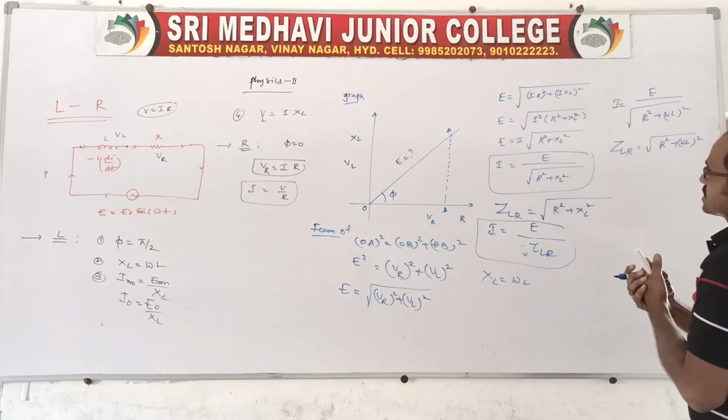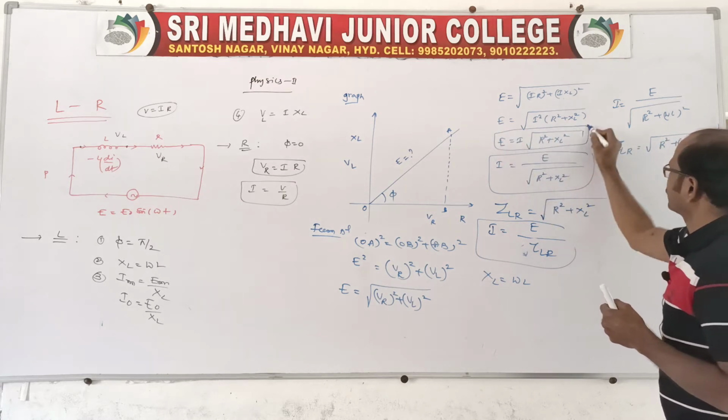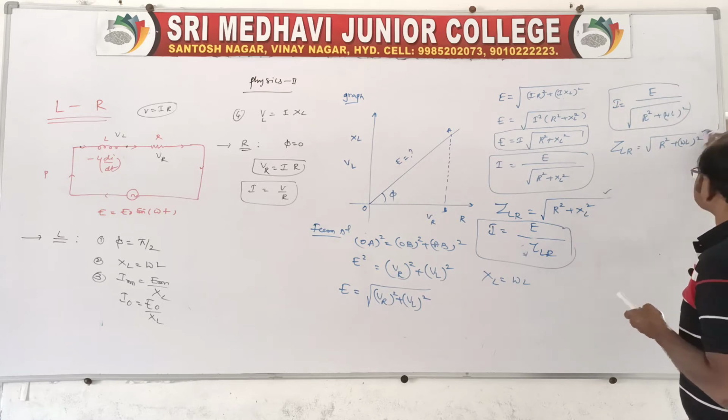So this is represented as the relation between EMF and current, and this is represented as the impedance.